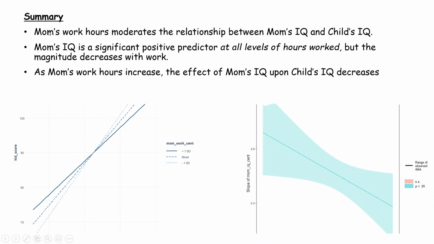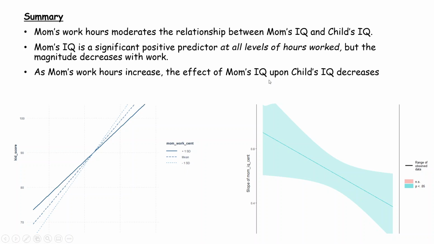And here's a quick summary. Mom's work hours moderates the relationship between mom's IQ and child's IQ. Mom's IQ is a significant positive predictor at all levels of hours worked, but the magnitude of that effect decreases with work hour increases. As mom's work hours increase, the effect of mom's IQ upon child's IQ decreases.